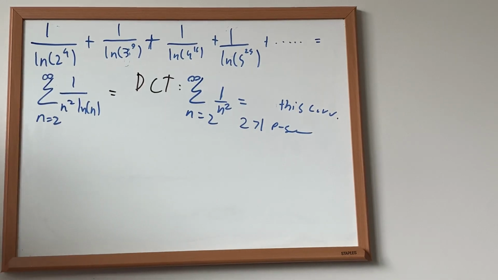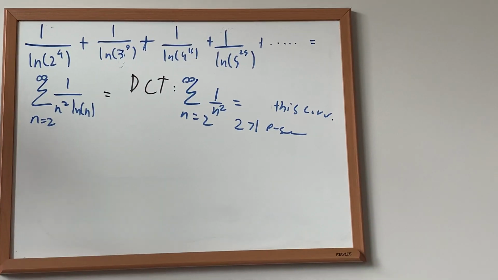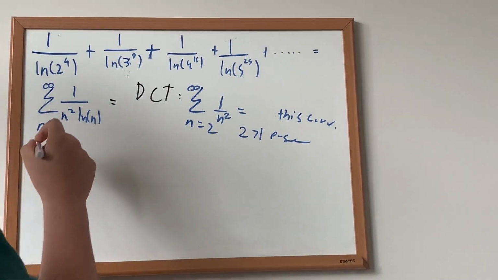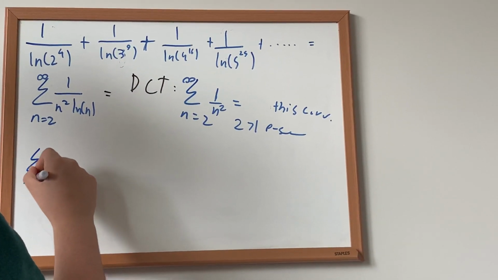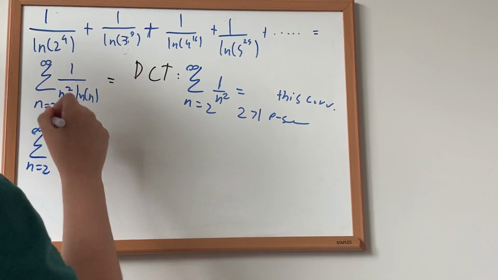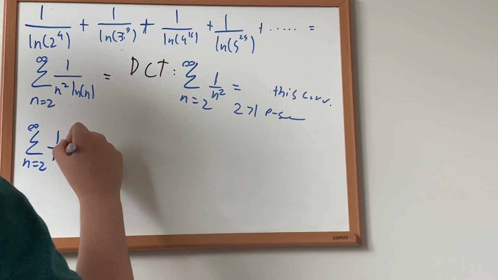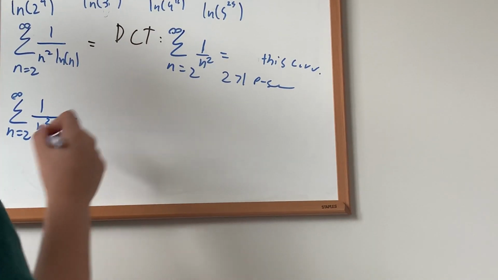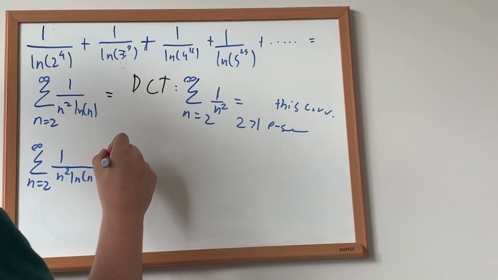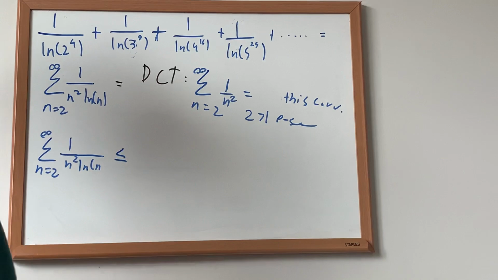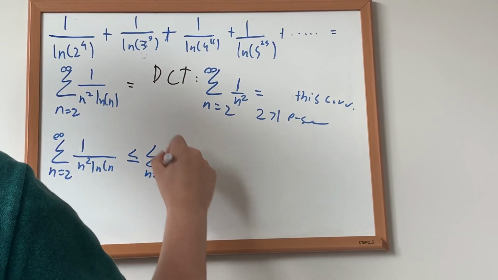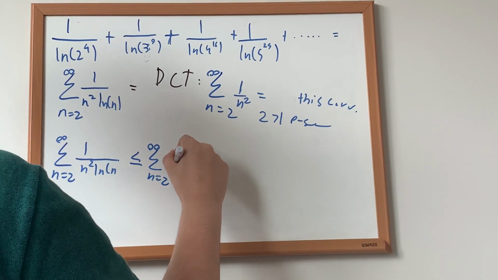So we can form inequalities to find if this original series converges or diverges. So our inequality is the sum from n equals 2 to infinity of 1 over n squared natural log of n. Because it converges, then it should be less than or equal to the series from n equals 2 to infinity of 1 over n squared.